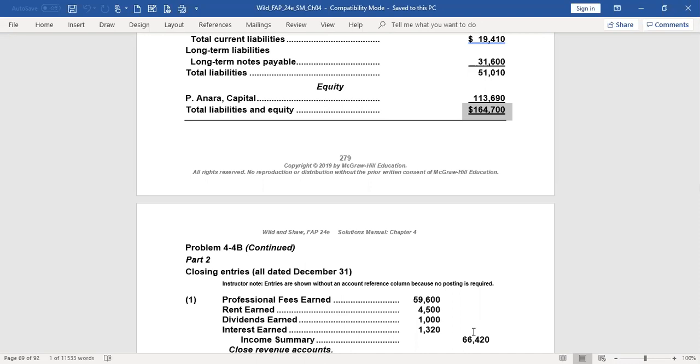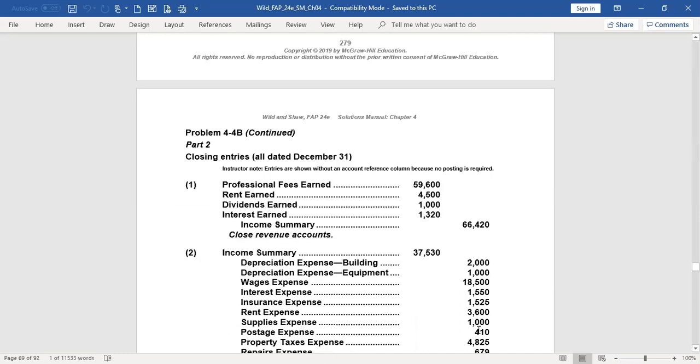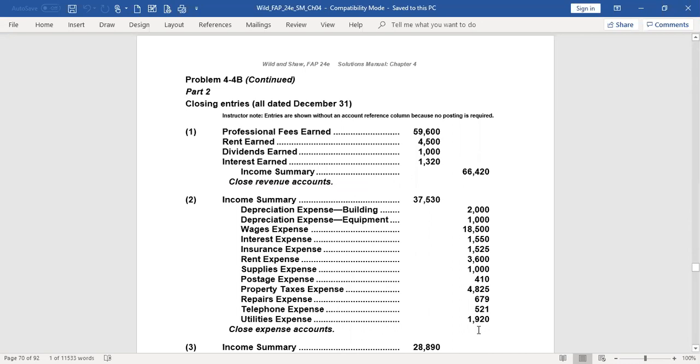We moved revenue into this income summary account. We're going to do the same thing with each expense. These expenses, and if you made the T accounts for them, they all have debit balances. We need their balances to be zero. So we're going to have to credit each one for its current balance. You can see there, depreciation expense, building, credit $2,000.